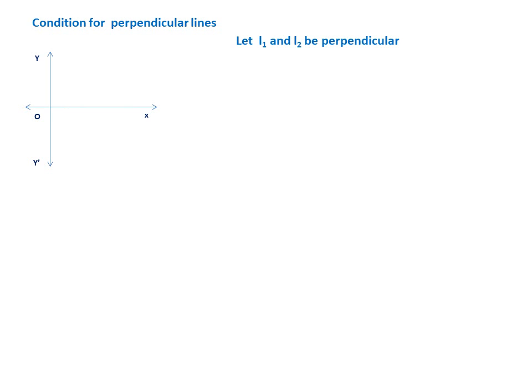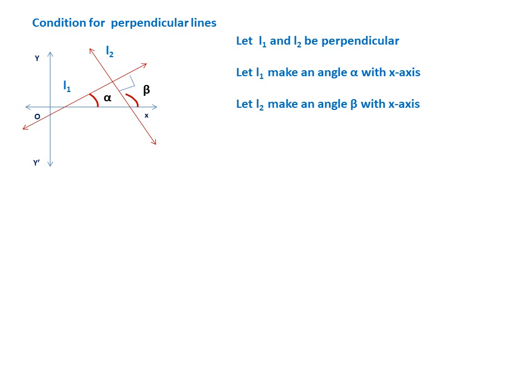Let us derive the condition. Let L1 and L2 be perpendicular. This is L1. Another line is L2 which is perpendicular. Like this. Now what is the condition for this in terms of slope? Let us derive it. Suppose alpha is the angle which L1 makes with the positive direction of the x-axis and beta is the angle which L2 makes with the positive direction of the x-axis.